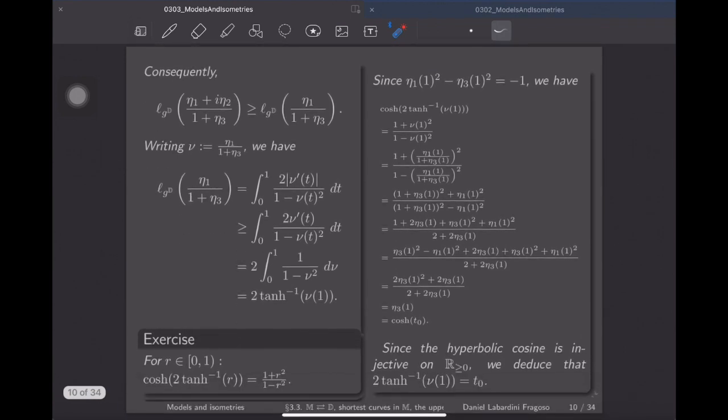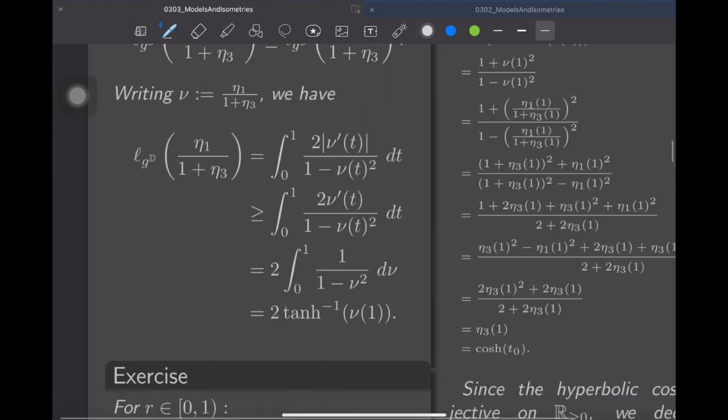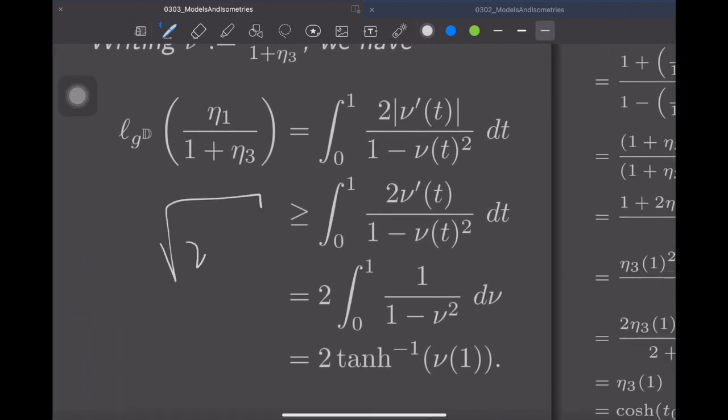So you see this is nu, and for this length I have to integrate the square root of nu prime of t square, so let me write it a bit more clearly, square root of nu prime of t square times 2 divided by 1 minus nu of t square.